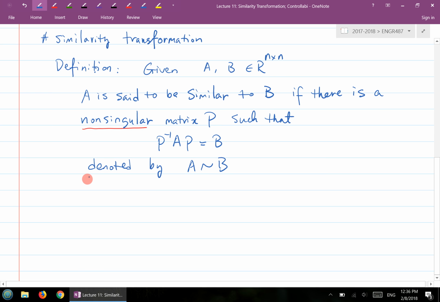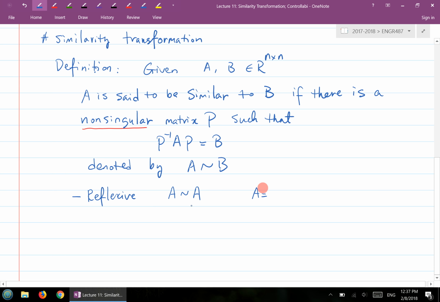There are a few properties associated with this similarity. The first one is the reflexive property. It basically means any matrix is similar to itself, like looking into a mirror.